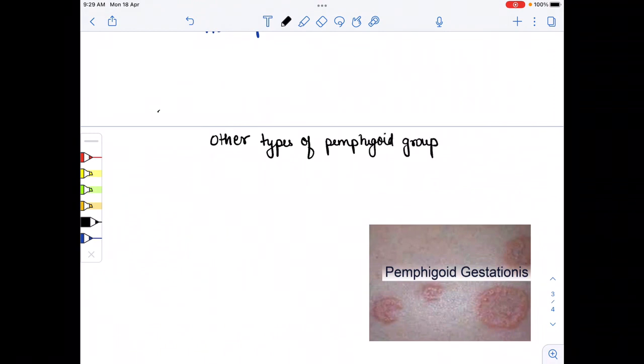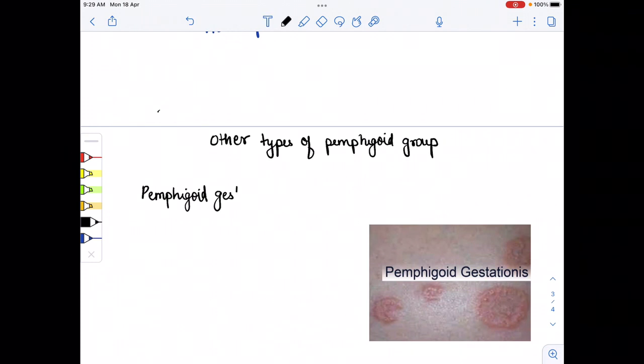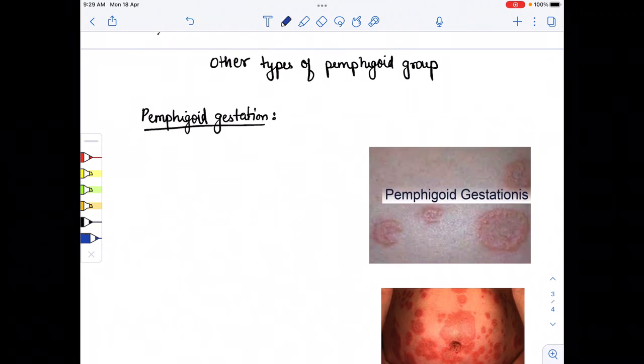First there is pemphigoid gestationis. Pemphigoid gestationis means during pregnancy, during the gestation period, this disease will occur, which is also known as herpes gestationis. It means that in pregnancy we see the bullous pemphigoid.